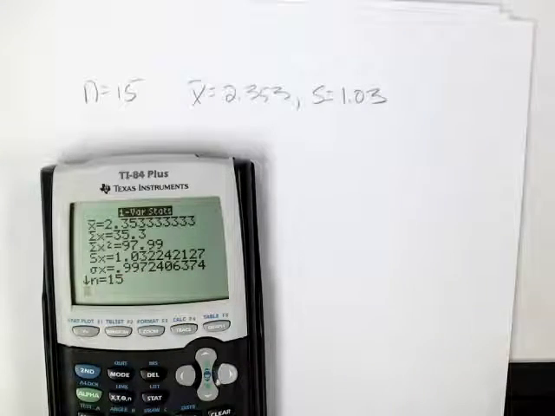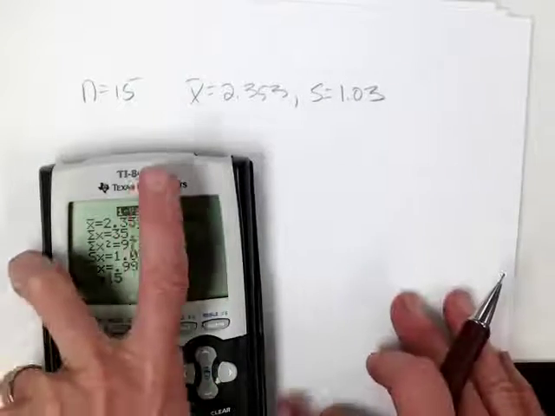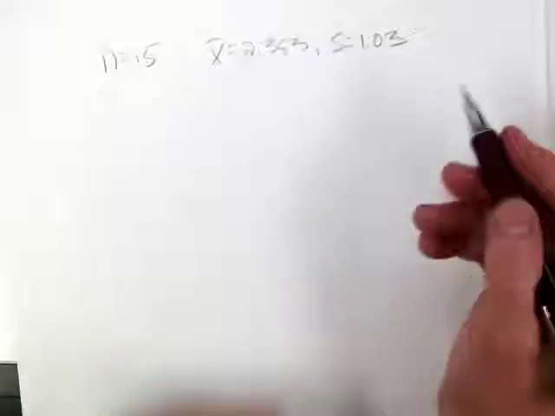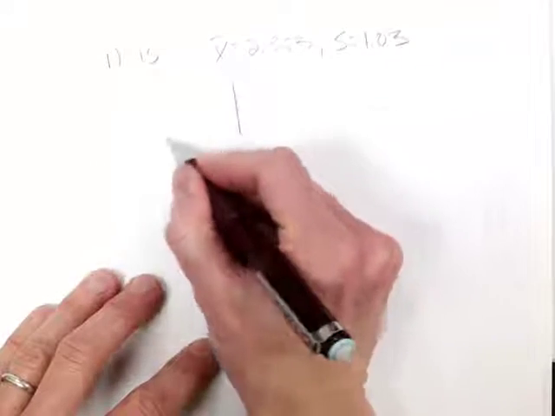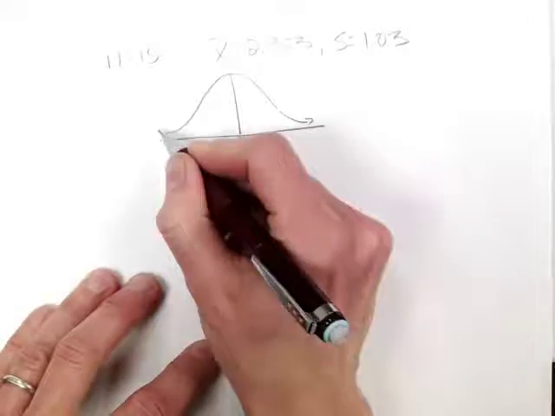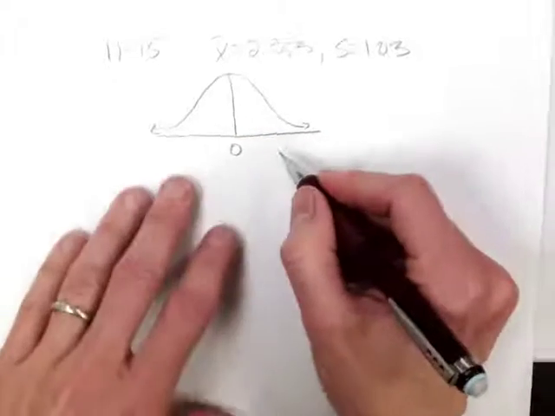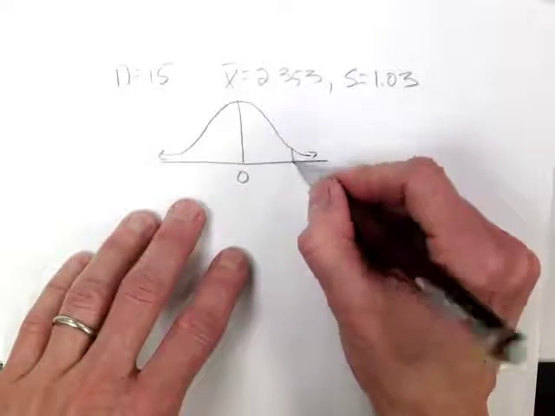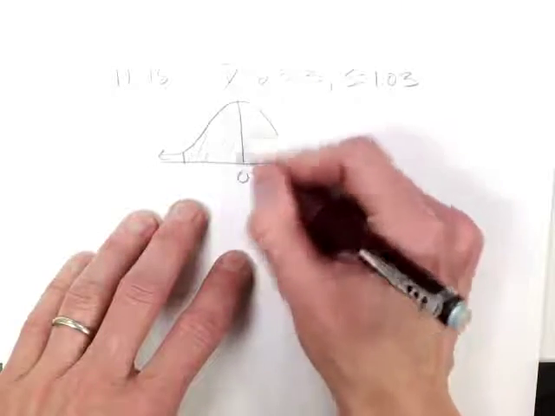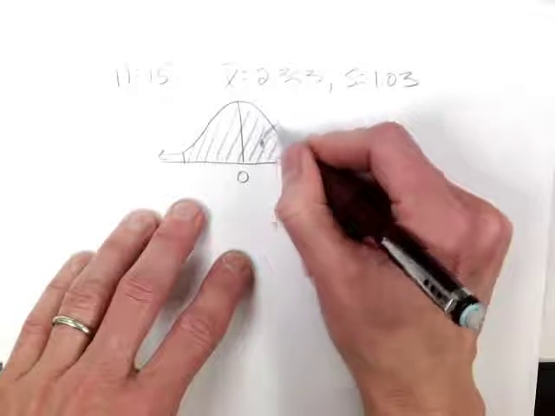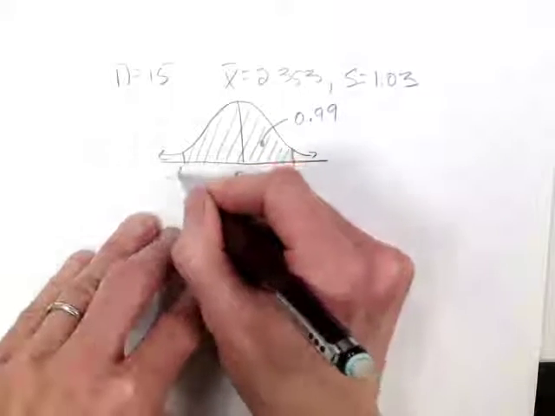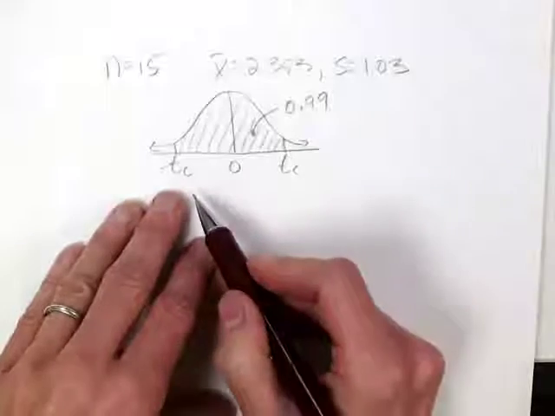So if I wanted to get the critical value for this, again, I can go ahead and use the table. Let's review that real quick. I'm going to draw a bell-shaped distribution, and this time they want a 99% level of confidence. So I want 0.99 in between positive t sub c and negative t sub c.